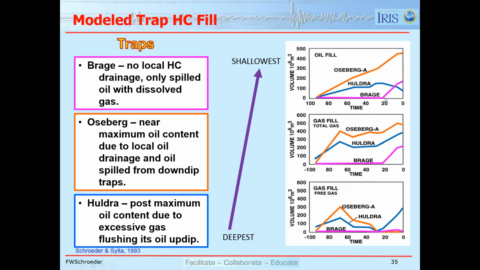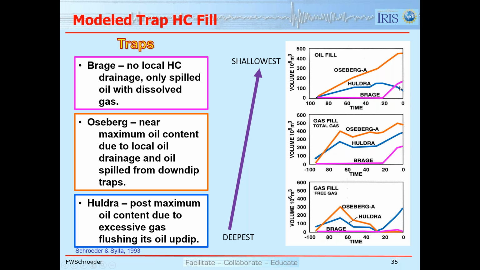There is no locally generated oil because the source rocks within the Braga drainage area are immature. We can also see that Braga is receiving some gas, but there is no free gas or very little free gas. There's no gas cap. All of this gas is dissolved within the oil within Braga.